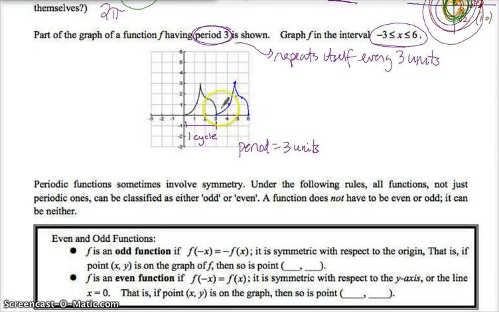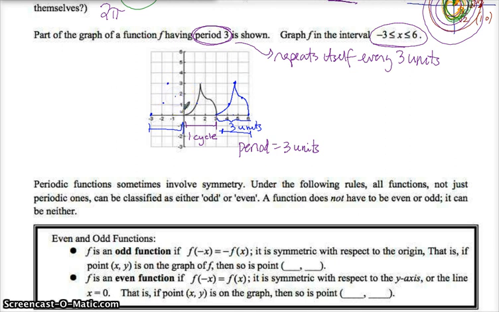So this blue part needs to be identical to the original black over the period of 3 units right here. So this would be another cycle right here. I have to repeat that cycle to the left. So again, I'm starting down here. After about 1 unit, I'm crossing at 1. About 1.5, I get to my maximum. I come down after 2.